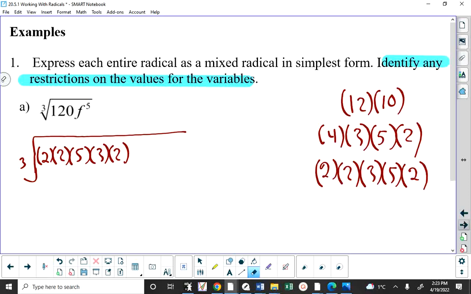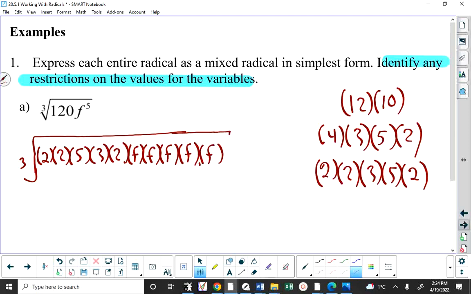Because it's very easy to get extra numbers in there. That's right, though. And then we have f times f times f times f times f. This is what f raised to the exponent of 5 means.